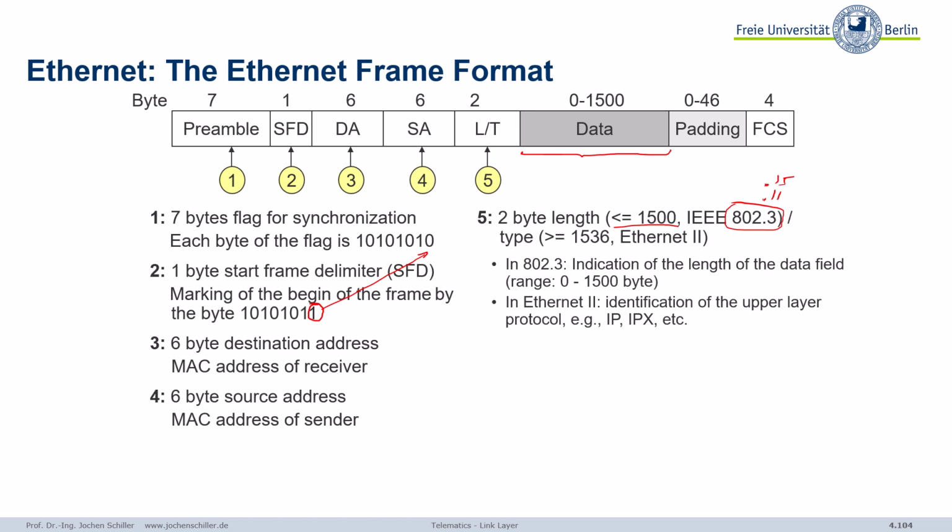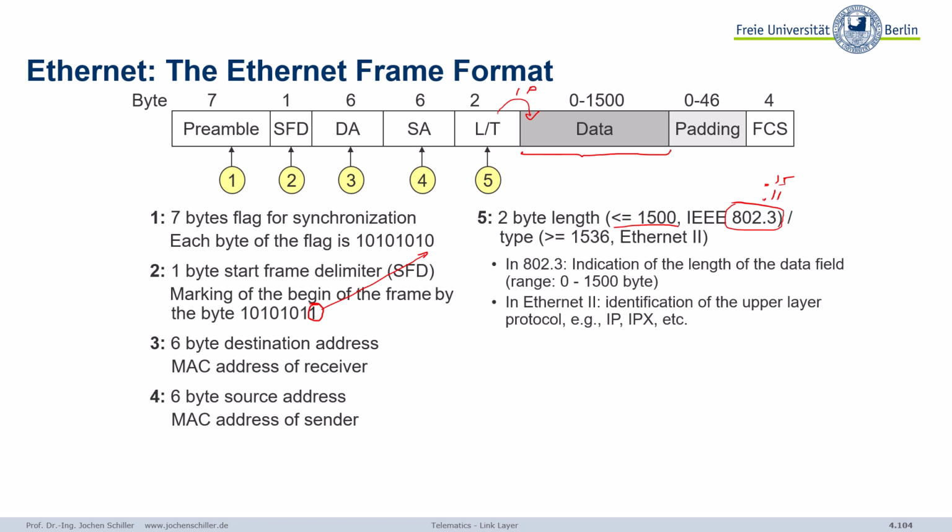Industry manufactured many of these devices following the standard, but then had the idea, why not use this length field for the identification of the next protocol? And then it's interpreted as a type field, telling, for example, the next protocol is IP.